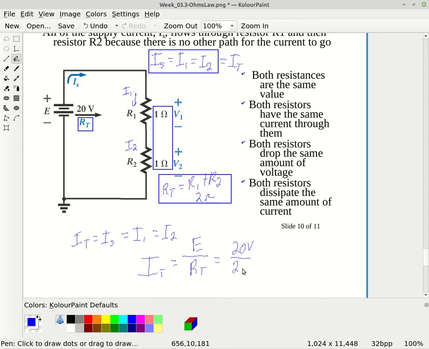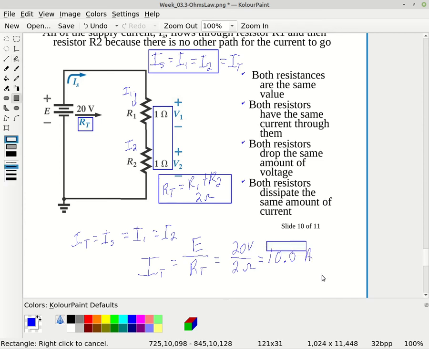So divided by 2 ohms, and therefore our total current is 10.0 ampere. Okay. So again, when we put this into Blackboard, we need our 3 digits here. So it's 10.0 space and then capital A for ampere. So there's your answer in Blackboard.